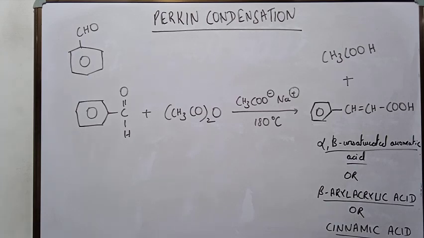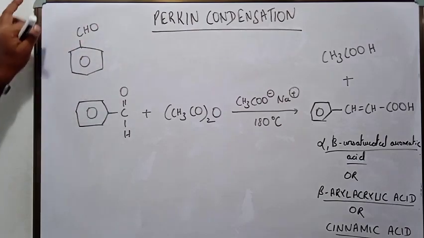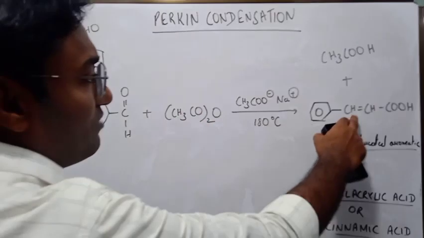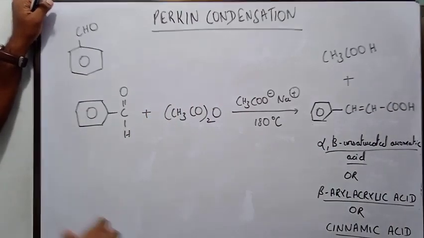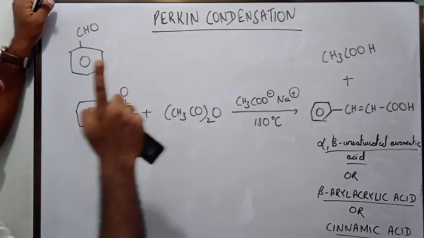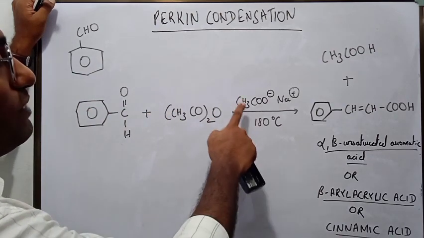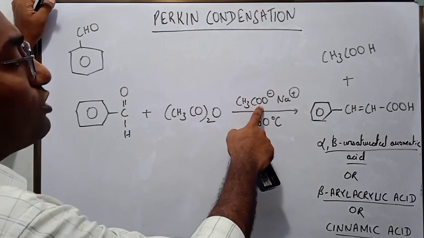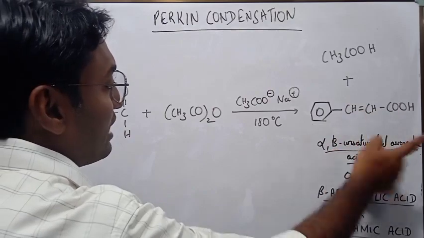What did we discuss till now? First of all, it is shown by aromatic aldehyde. Second, the product is alpha beta unsaturated aromatic acid. The third thing is the reaction: aromatic aldehyde, when it reacts with anhydride of an aliphatic acid in the presence of sodium salt of the same acid as catalyst, gives alpha beta unsaturated aromatic acid.